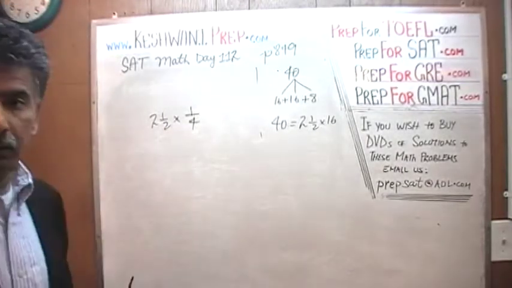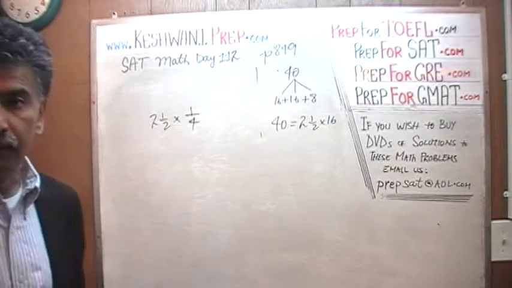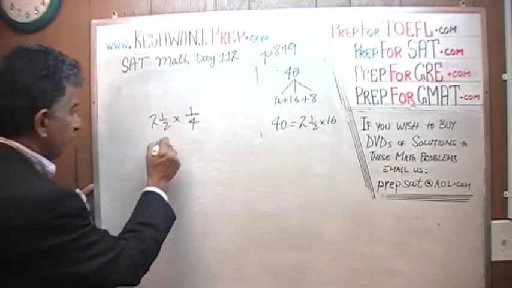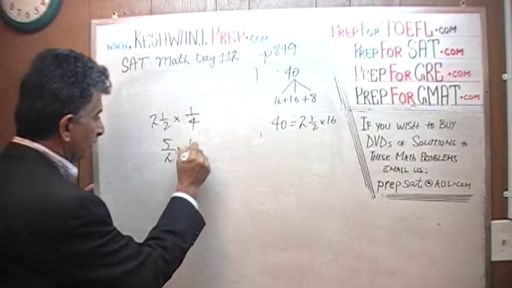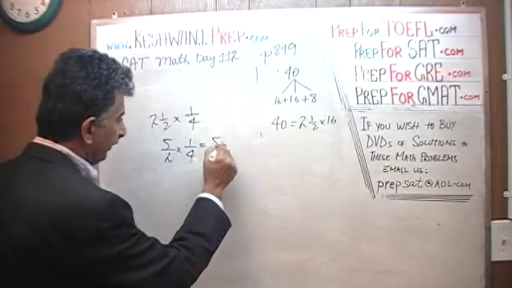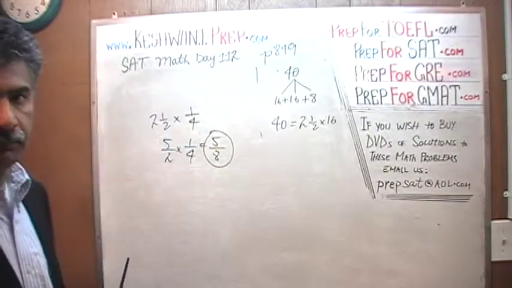So that's your answer. The answer is 2.5 times 1/4. 2.5 can be written as 5/2 times 1/4, which gives you our 5/8 that we found earlier.